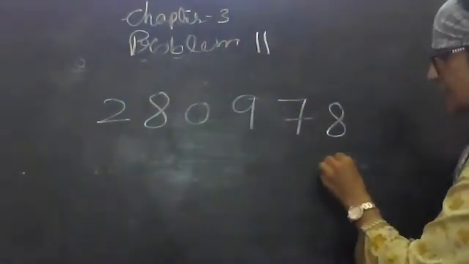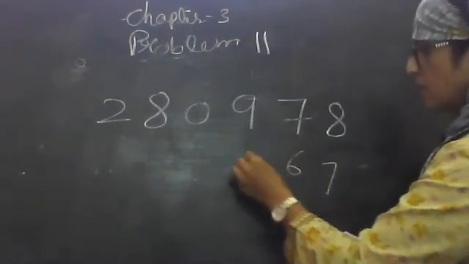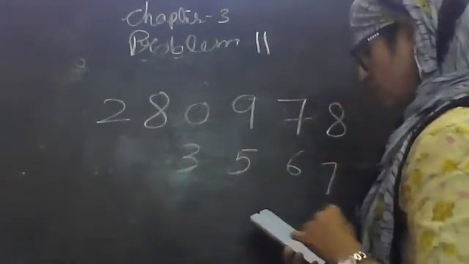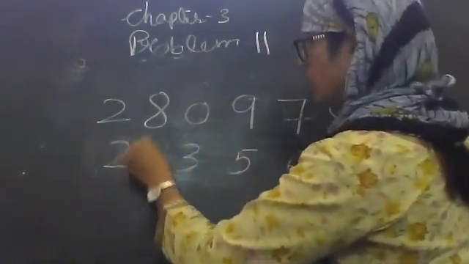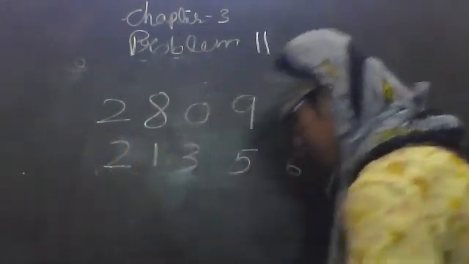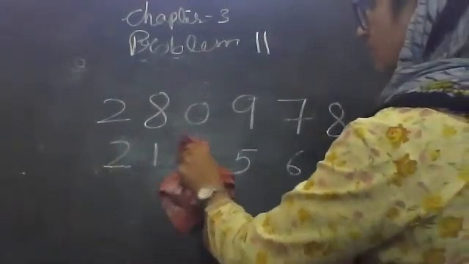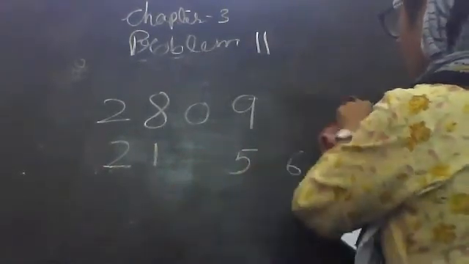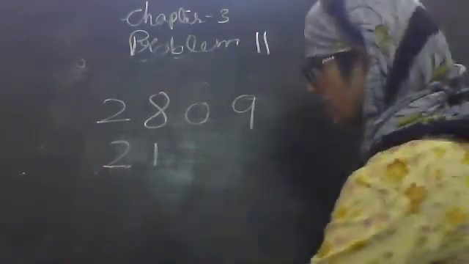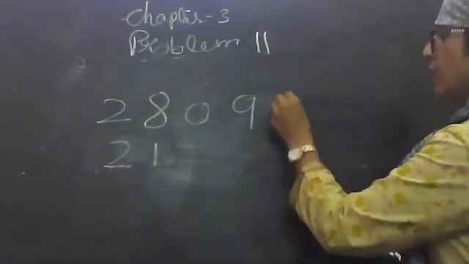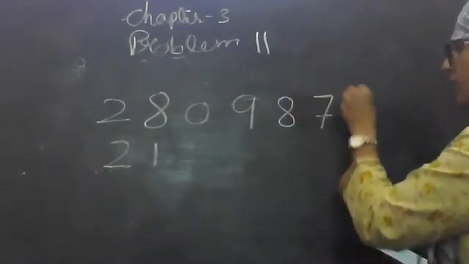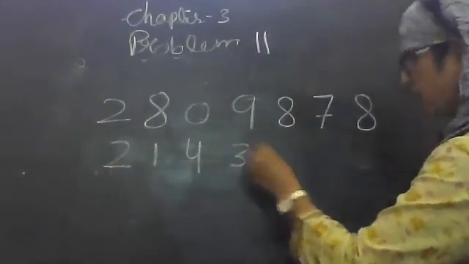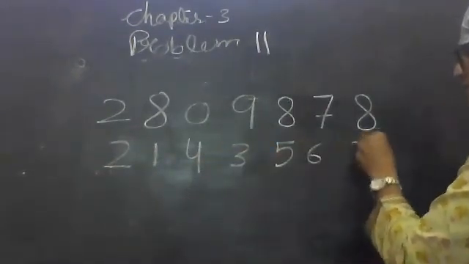2809878, and here it is 7 6 5 3 2 1, 2143567.